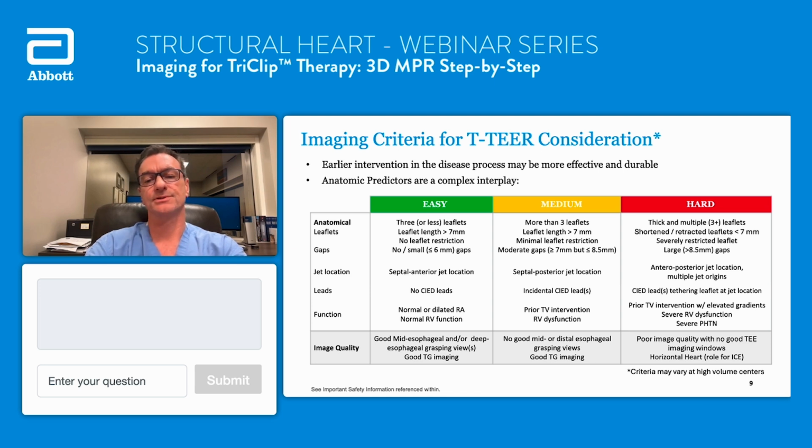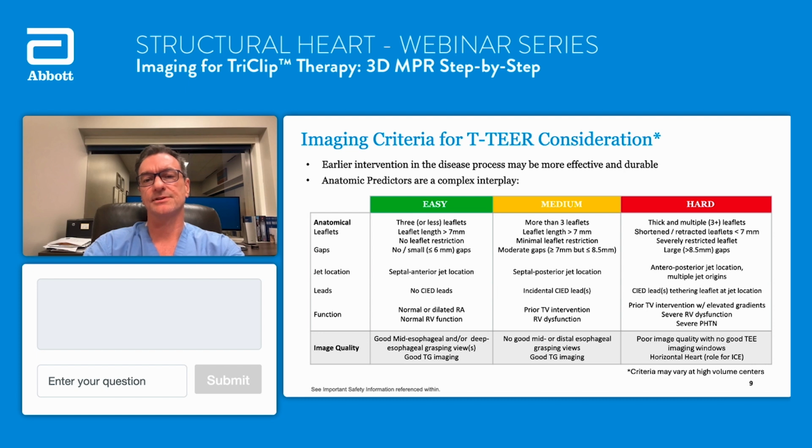An anterior posterior jet location can be really quite challenging because of the papillary muscle that separates anterior and posterior. Leads again, and prior tricuspid intervention, for example, a surgical ring, can be present, and that's not a contraindication, but it can certainly cause shadowing and make imaging more challenging.